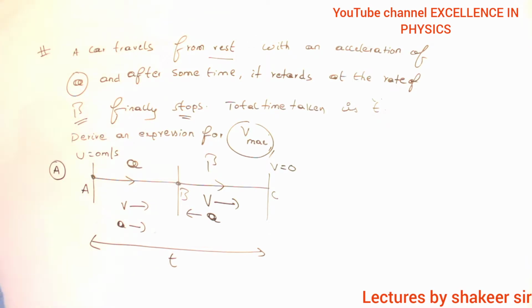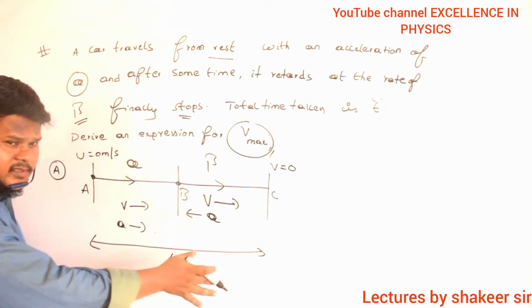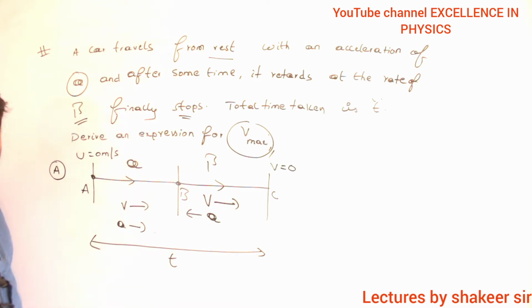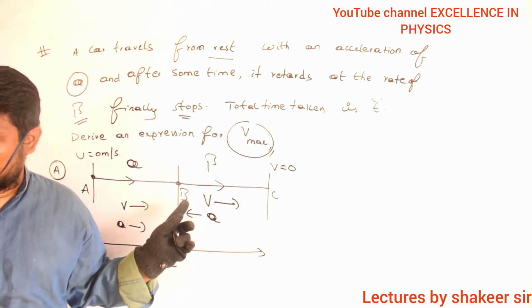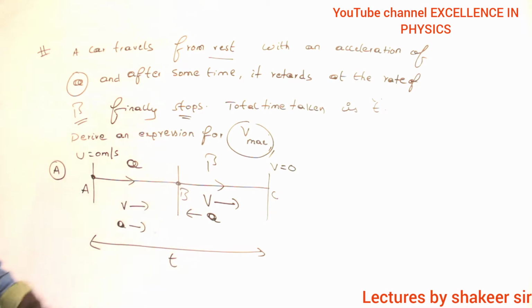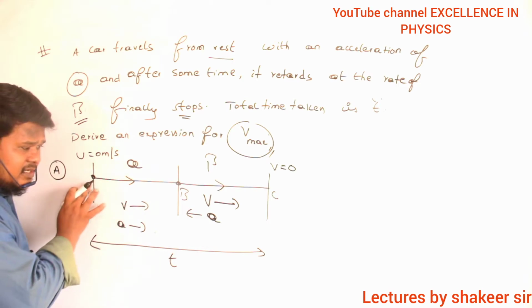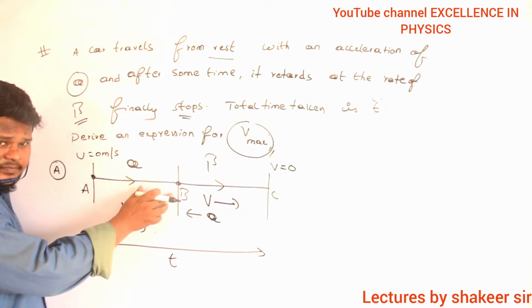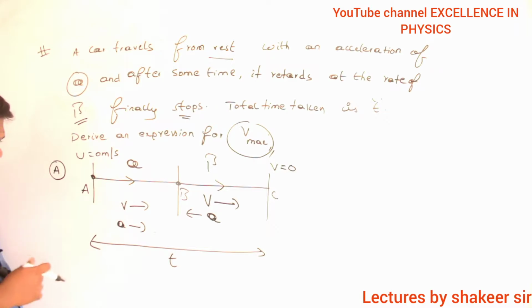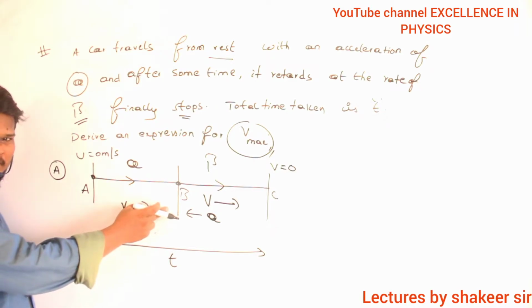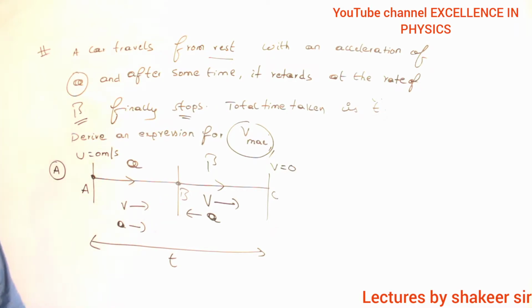Now first of all, can you say in all these three cases where maximum velocity will be present? A, B, or C? B. Why B? Because from A to B velocity is continuously increasing.